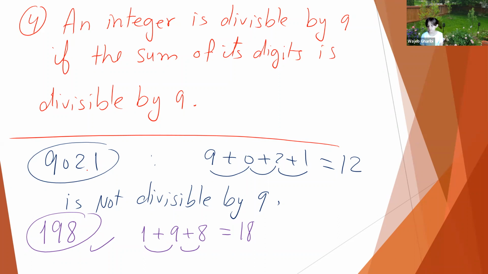Okay, how about 198? 198 is divisible by 9 because 1 plus 9 plus 8 equals 18, and 18 is divisible by 9. Yes, and again we can apply the rule once more: 18, 1 plus 8 equals 9, and 9 is divisible by 9.